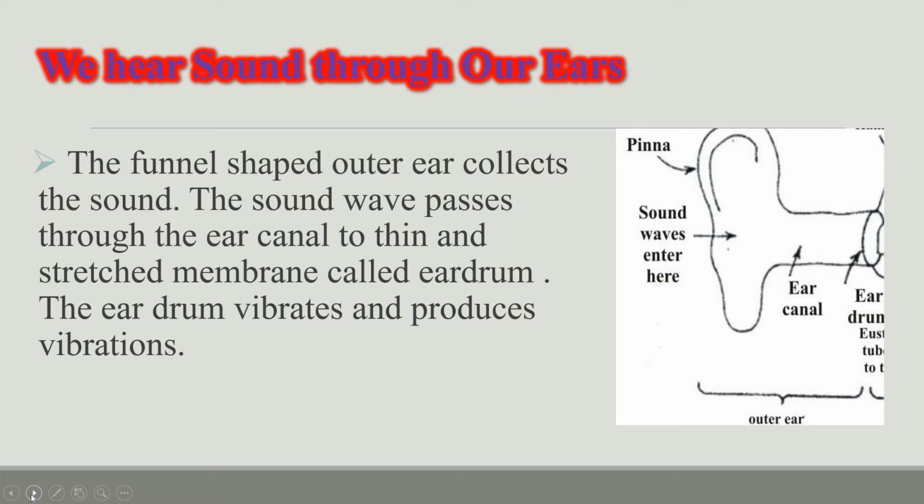At the end of the ear canal, a thin, elastic and circular membrane called the eardrum is stretched tightly, and there are three small, delicate bones called hammer, anvil, and stirrup in the middle part of the ear, which are linked to one another. One end of the hammer touches the eardrum and the other end is connected to the second bone, the anvil.